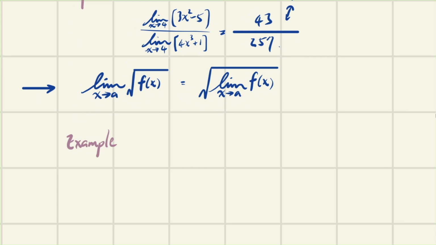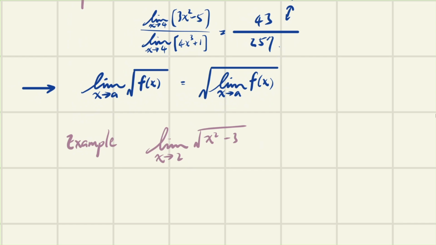I have the limit as x approaches 2 of the square root of x squared minus 3. Let's not take the limit first.